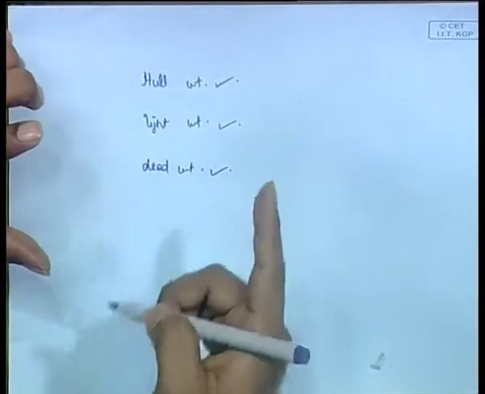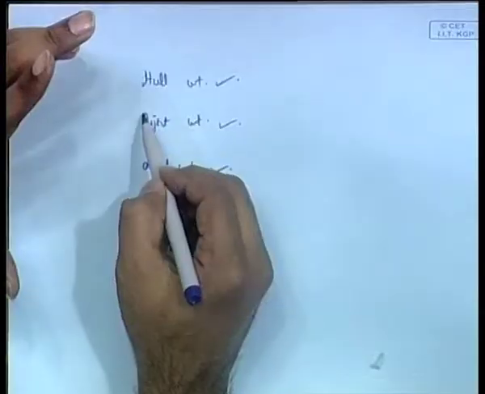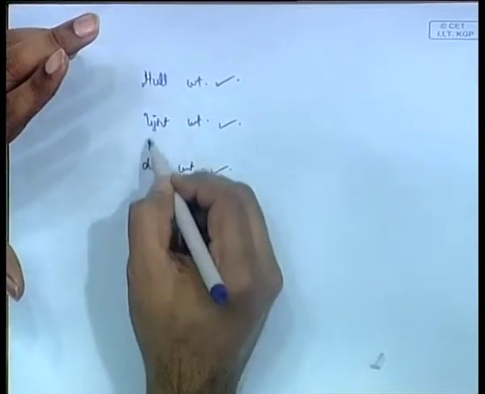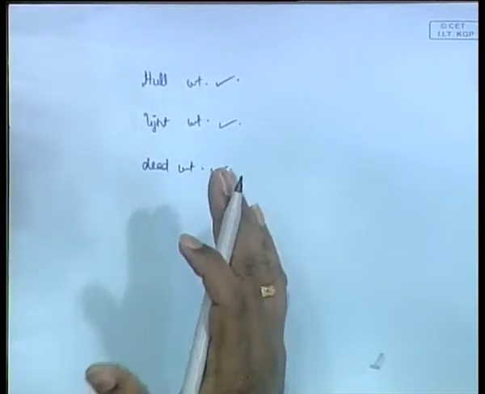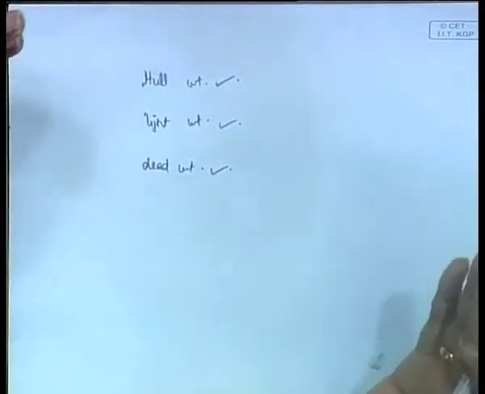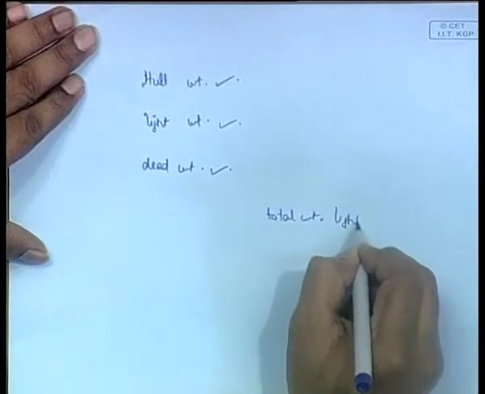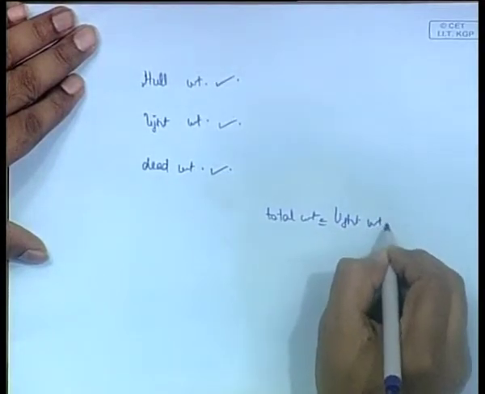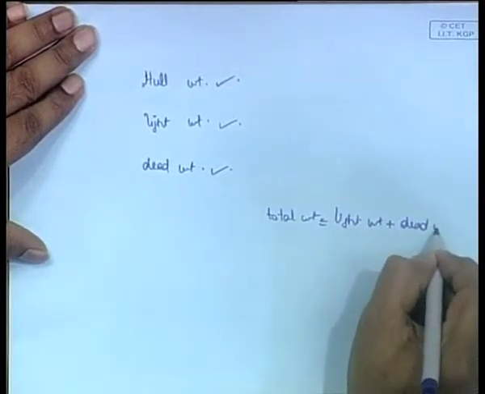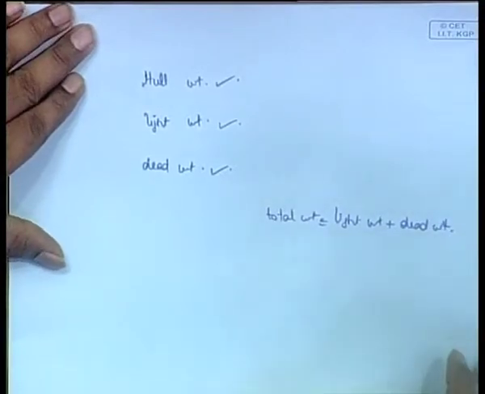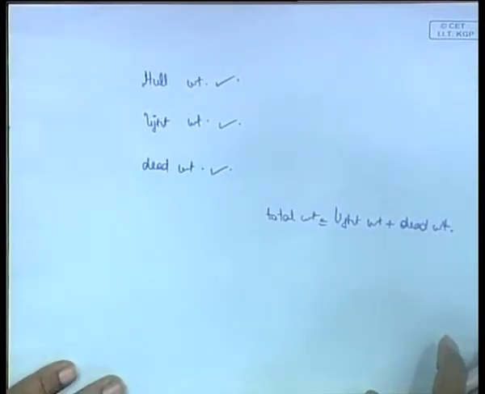It is not the sum total, what is added is called the dead weight. Light weight is hull weight plus propeller, dead weight is just the additional thing, all the cargo, fuel, fresh water. So, the total weight of the ship, we usually say it is light weight plus dead weight.